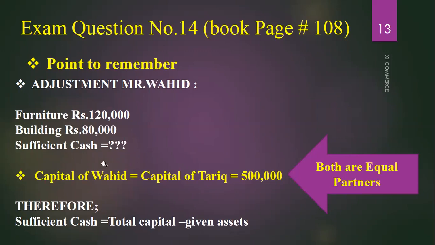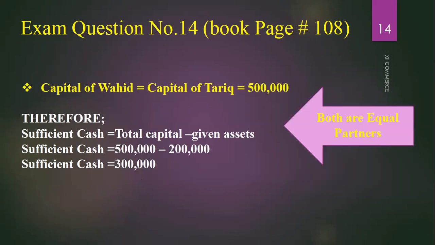We have to calculate it here. As we come to know that Mr. Wahid is having the same amount of capital as Mr. Tariq, Tariq's capital is 500,000. Simultaneously, the Wahid capital will also be 500,000. Now they both become equal partners. Their ratio is 1:1. Therefore, the sufficient cash formula, total capital minus given assets, can now be applied.